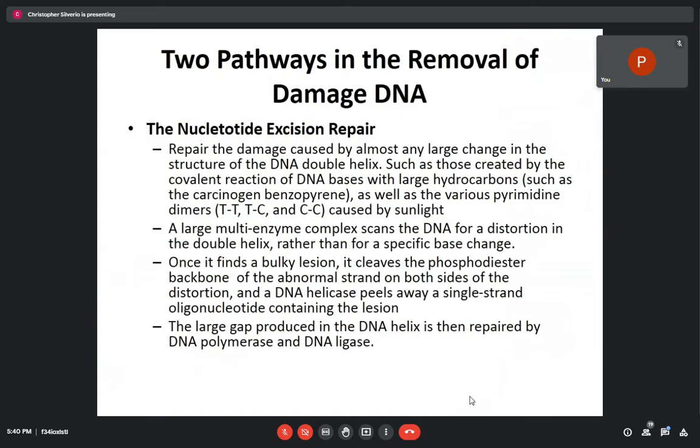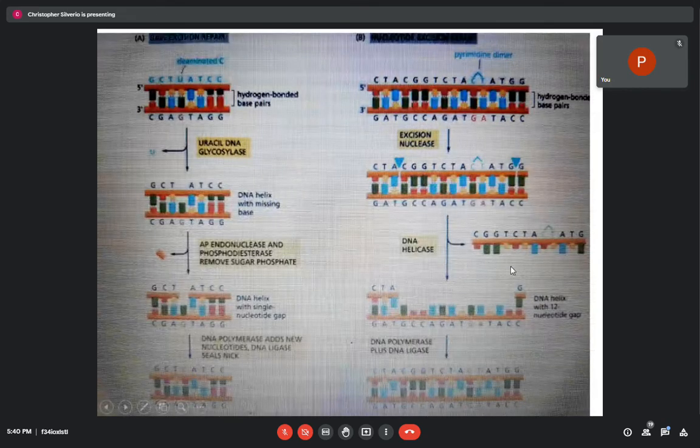Because as I explained to you, when you expose the DNA under the sun, the UV light will cause a reaction forming the thymine-thymine dimer and thymine-cytosine dimers. How will it be repaired? The process is known as nucleotide excision repair.